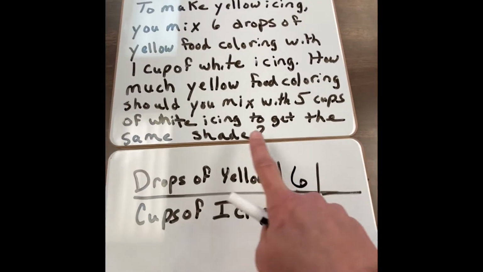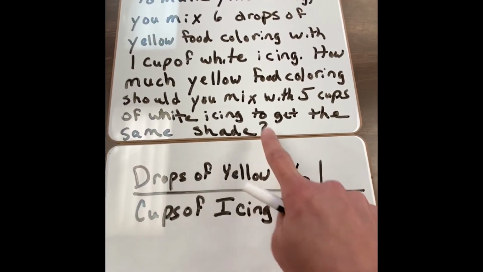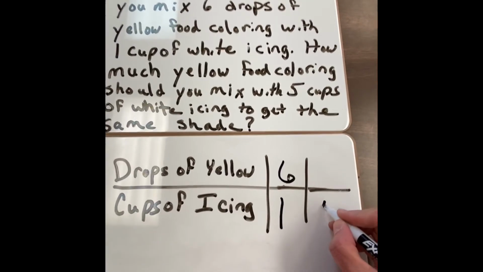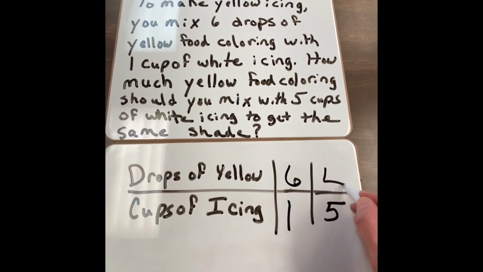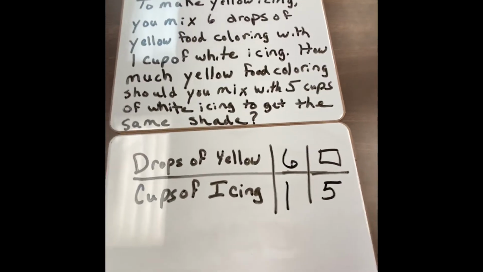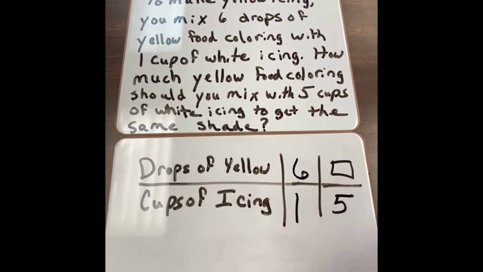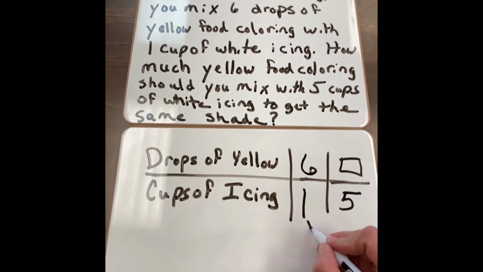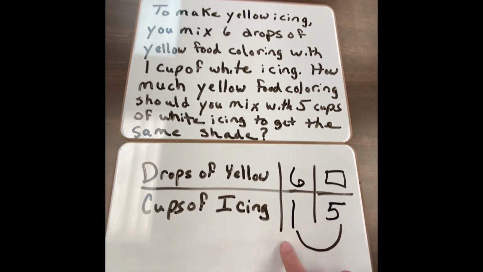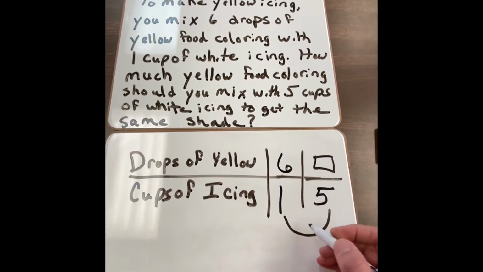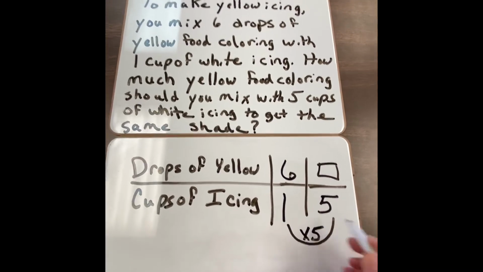Okay, so let's look. 5 cups of white icing. So we're going to put the 5 down here. And we have to figure out what this number is right here. So to go from here to here, what do we have to do to the 1 to get to 5? We have to multiply it by 5, don't we?